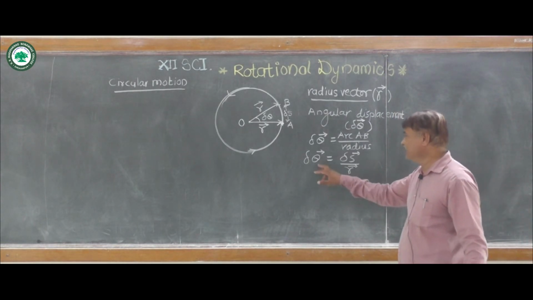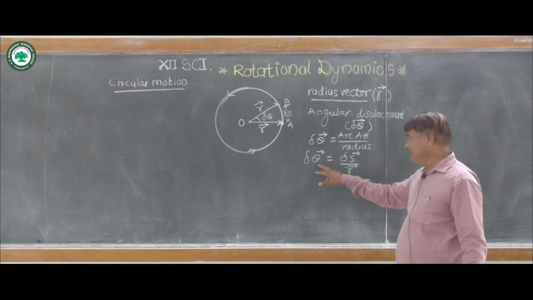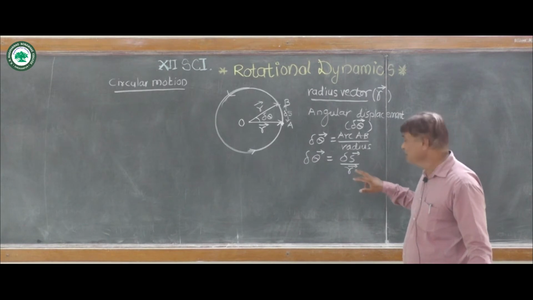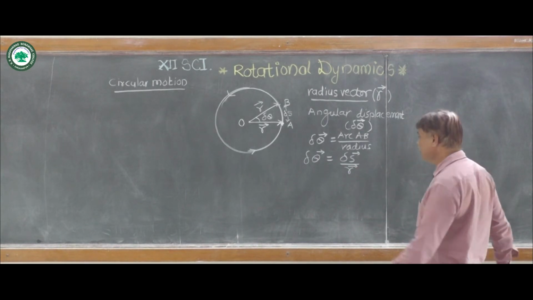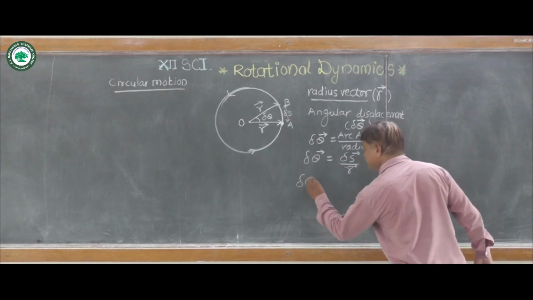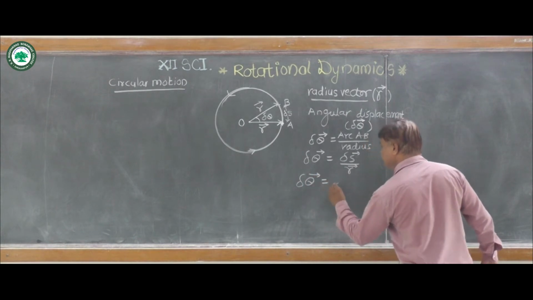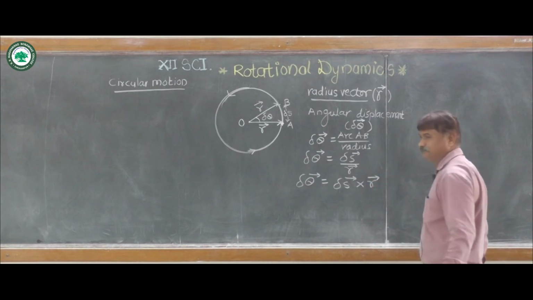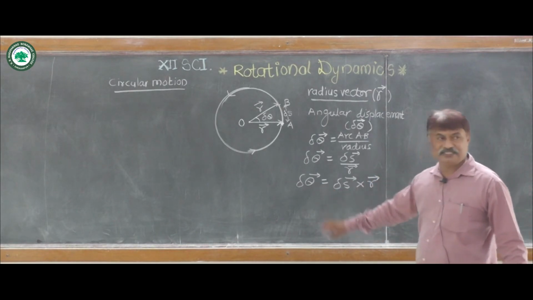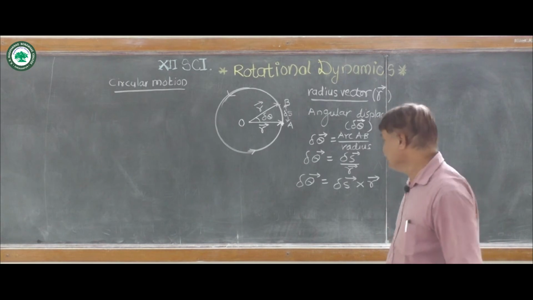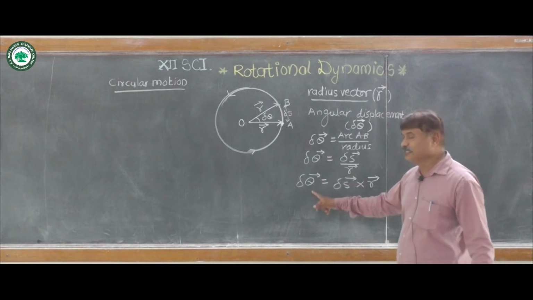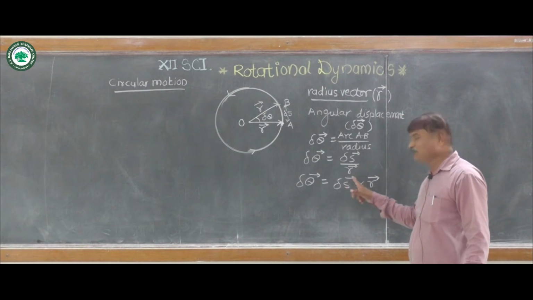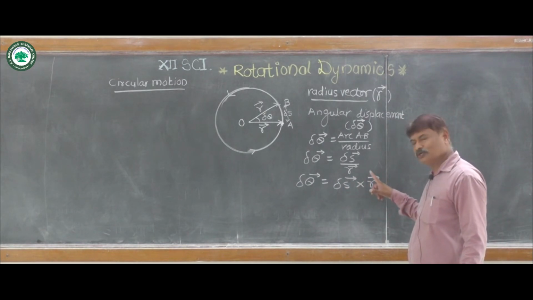So in this way we get the smaller angle delta theta bar is equal to delta s bar upon r bar. Now by rearranging this, we get delta theta bar is equal to delta s bar cross r bar. So this is angular displacement in vector form: delta theta bar is equal to delta s bar cross r bar.